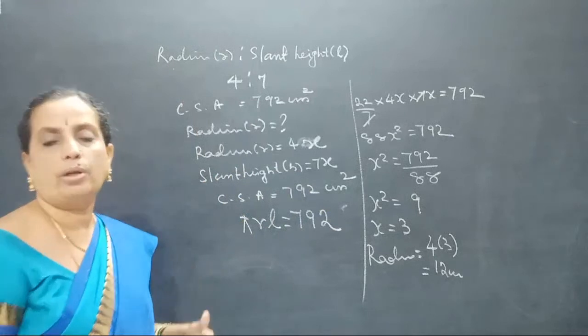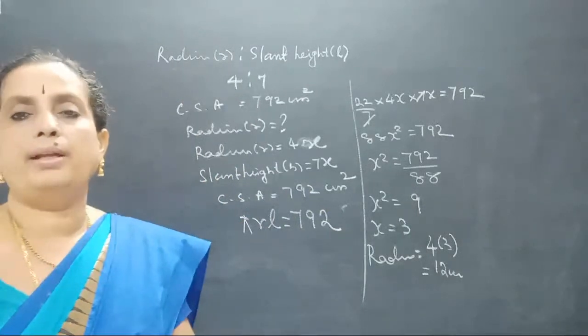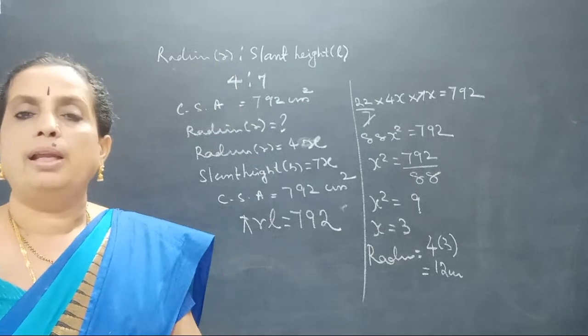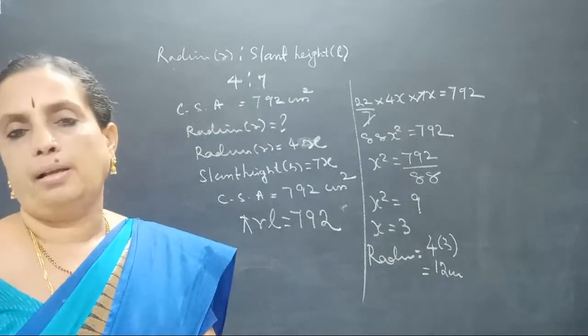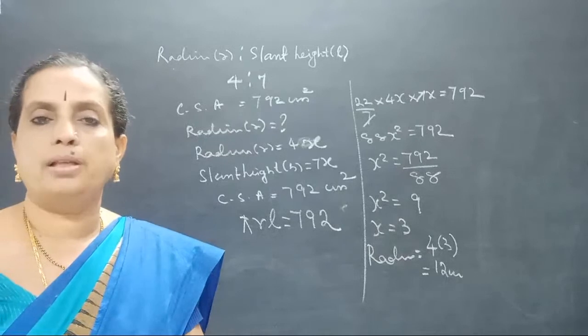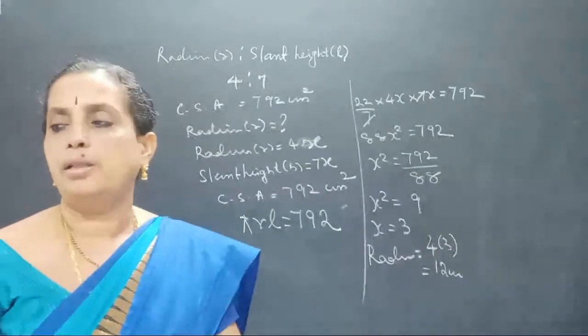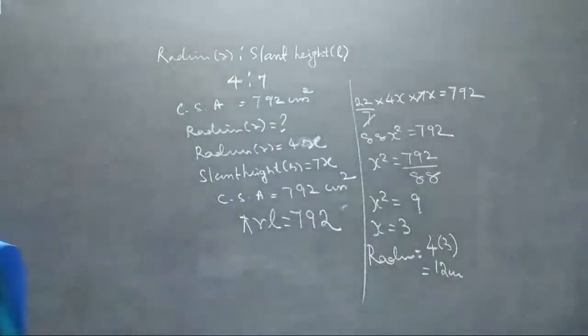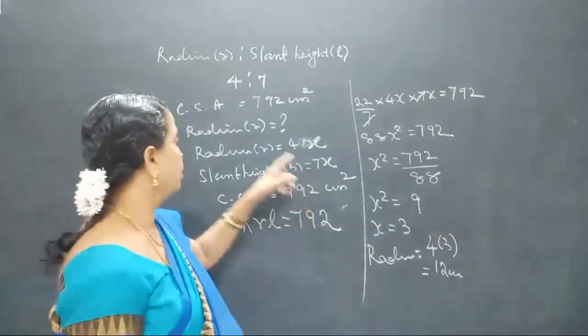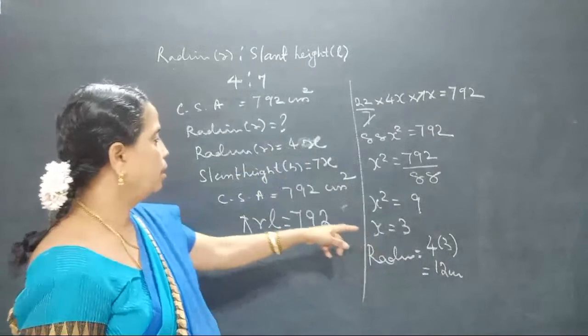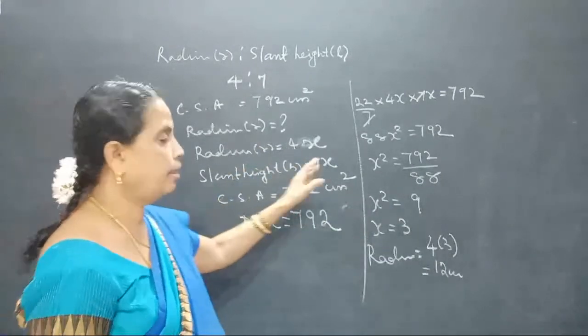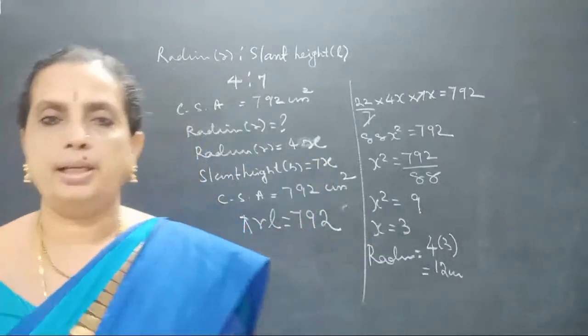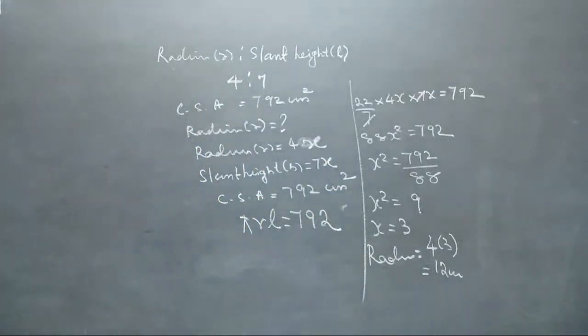Further, when doing more problems, you will get an idea how we can interlink the volume and surface areas, total surface area and its parts in the problem. Since they ask only the radius, we substitute 4 into 3. Suppose they ask the height, 7 into 3. Is it clear? Next question.